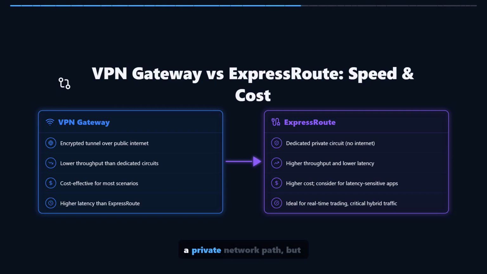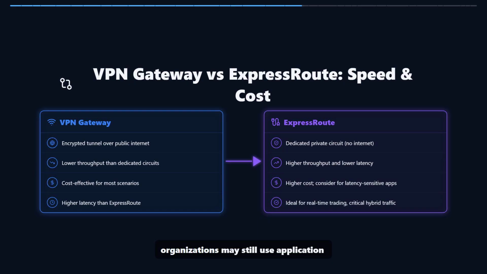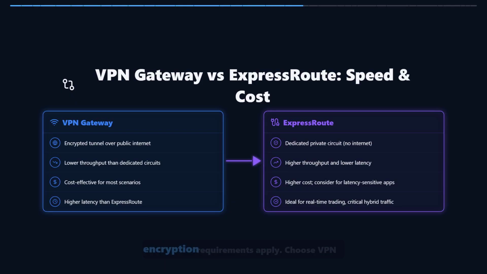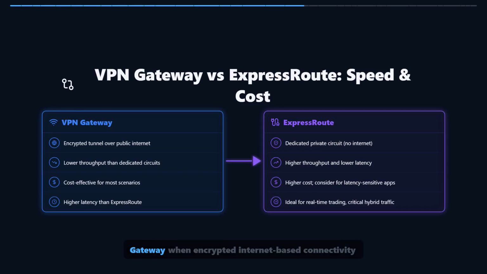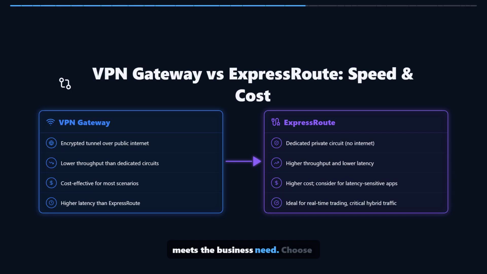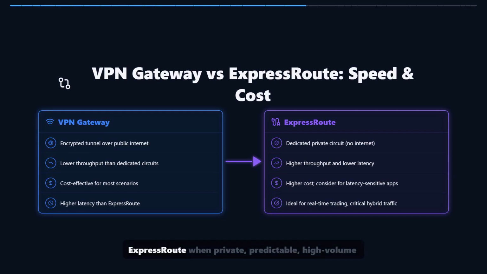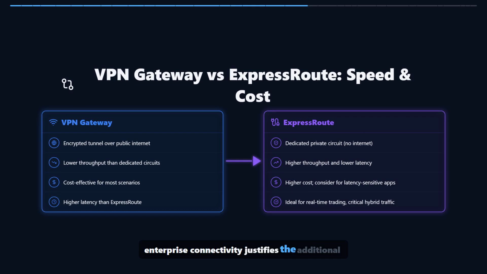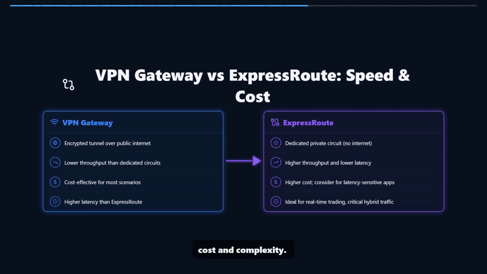ExpressRoute provides a private network path, but organizations may still use application encryption, MACsec, or IPsec when encryption requirements apply. Choose VPN Gateway when encrypted internet-based connectivity meets the business need. Choose ExpressRoute when private, predictable, high-volume enterprise connectivity justifies the additional cost and complexity.